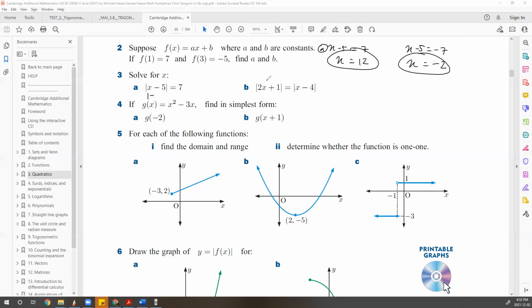Both of the sides are absolute, right? When both of the sides are absolute, I think I can give you this. So let's say this is positive. Okay. And then this is positive also. So 2x plus 1 equals x minus 4, right? Wait, it is 5 equals x minus 4.